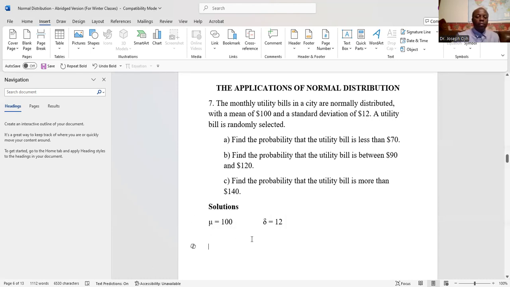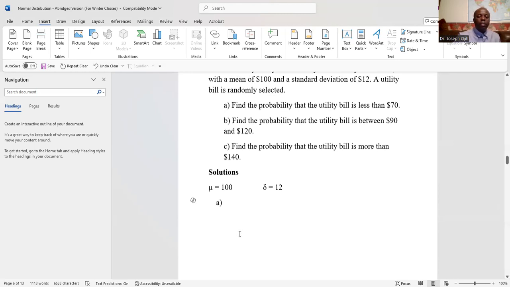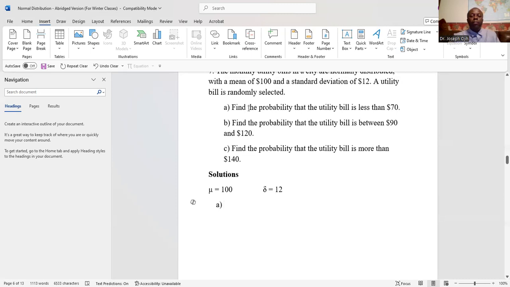So now for part A. It says, find the probability that the utility bill is less than $70. So that means our X here, X equals 70. Now what we're going to do is to transform this $70 to a standard normally distributed variable using this formula here.